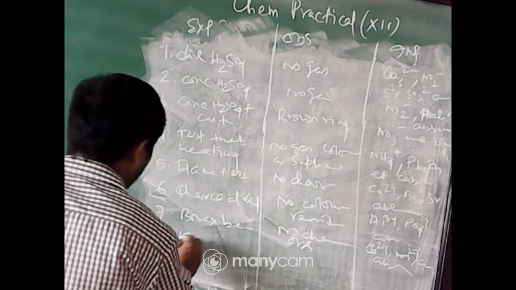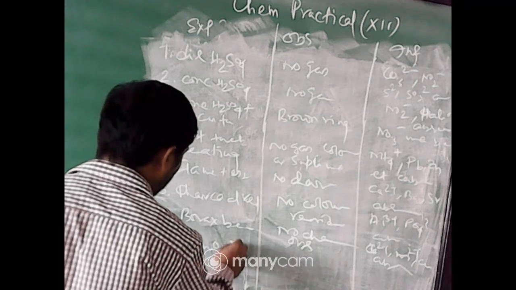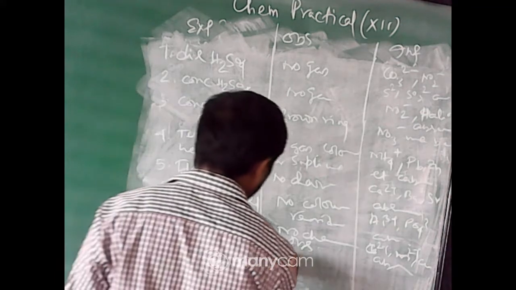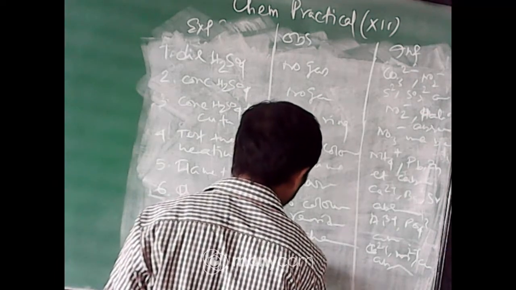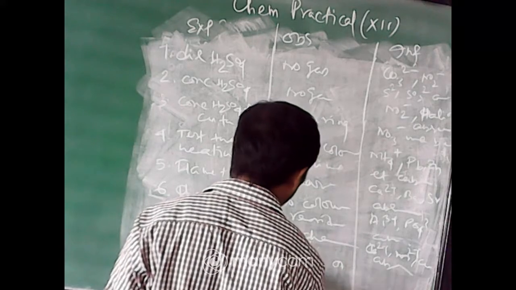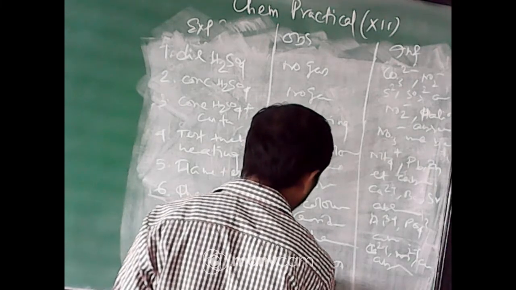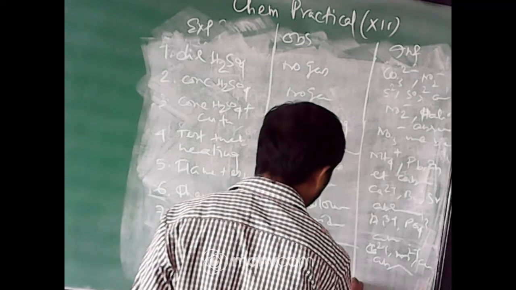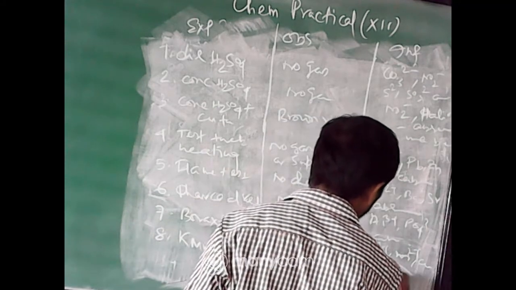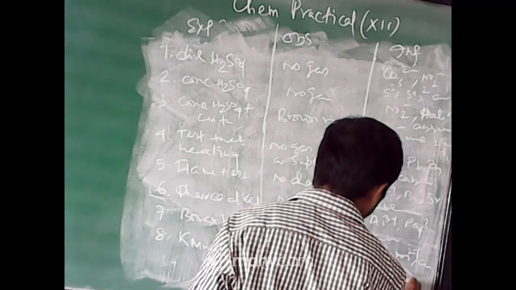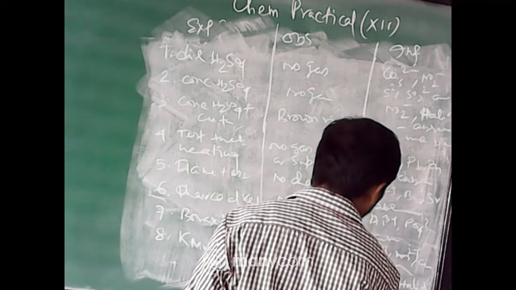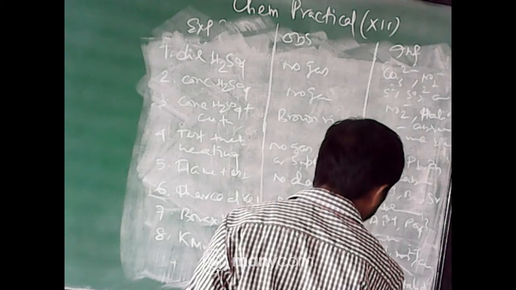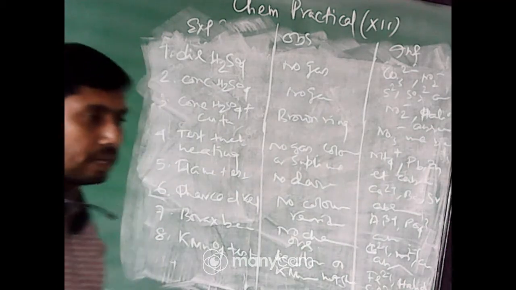Number 8, KMnO4 test. Decolorization of KMnO4 is not shown. That means iron, halides, oxalates are absent. So these are all about the preliminary test.